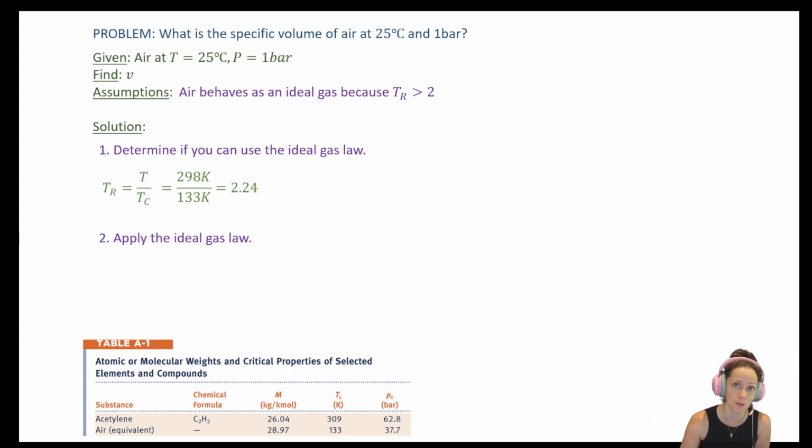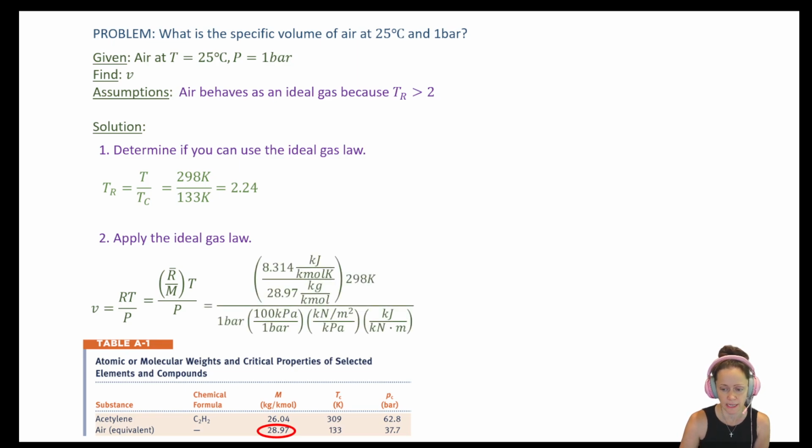Now the thing I need to do is apply my ideal gas law. I'm looking for specific volume. Remember that R is my specific gas constant. I need to calculate that based upon my universal gas constant and the molar mass for air, and so I'm going to plug those things in. I would go through the process of actually writing down those units and seeing how things cancel out.